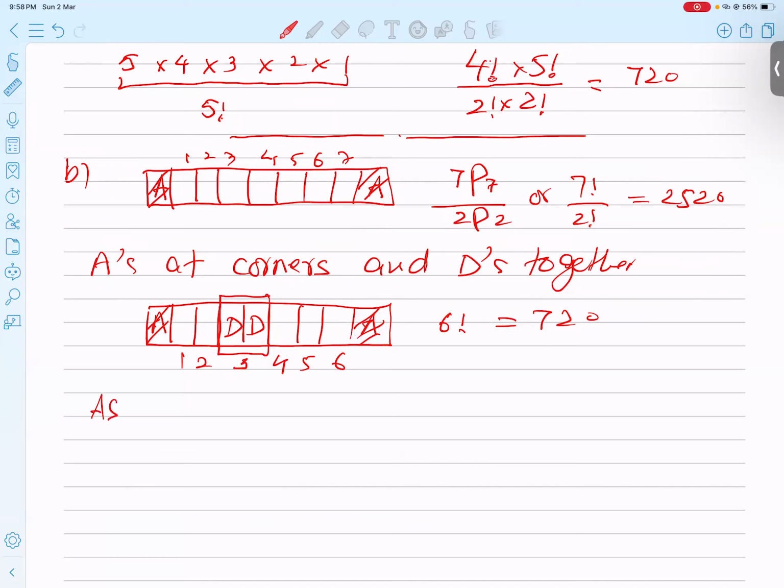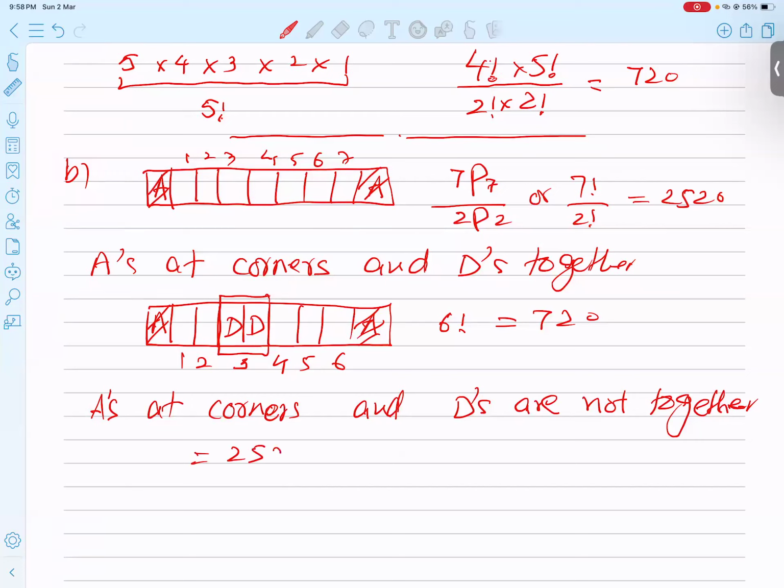So A's at corners and D's are not together. How to get this, students? So simple. From 2520, if I subtract 720, I get 1800. So I believe the point is very clear and we got the answer.